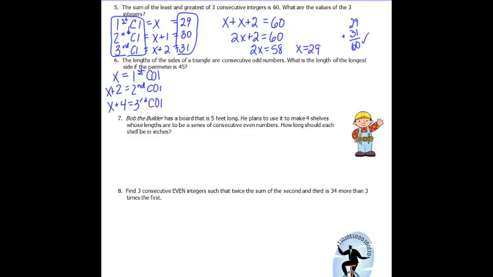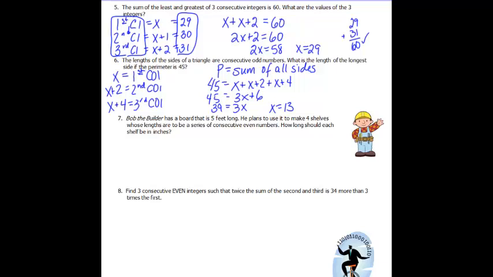Well, the perimeter, remember, is the sum of all 3 of those. Perimeter equals the sum of all sides, so 45 equals x plus x plus 2 plus x plus 4, and that way I get 45 equals 3x plus 6, 3x equals 39, and x is going to be 13.